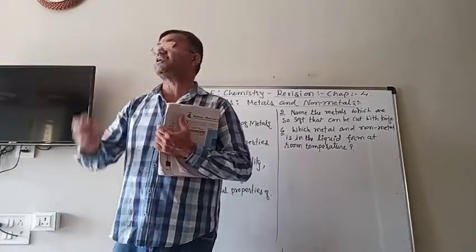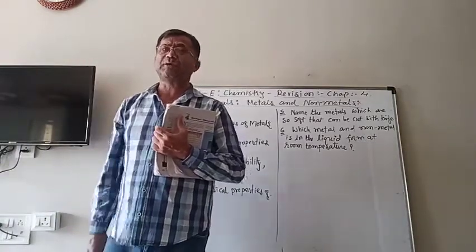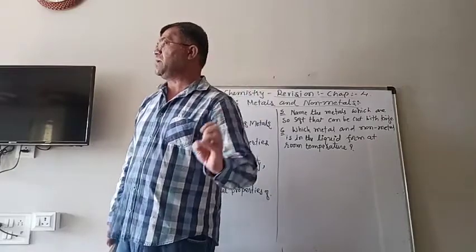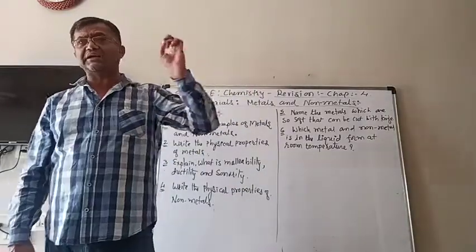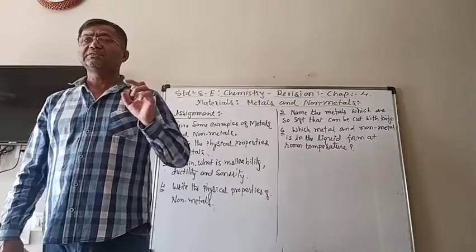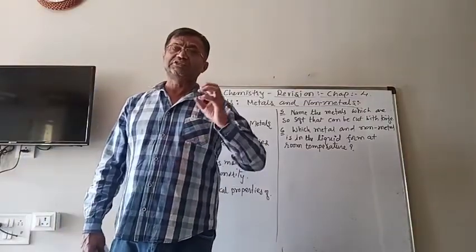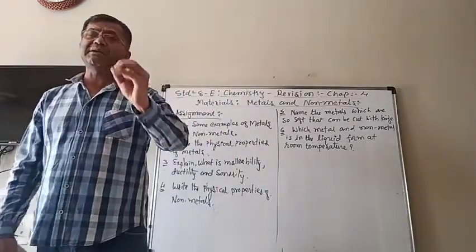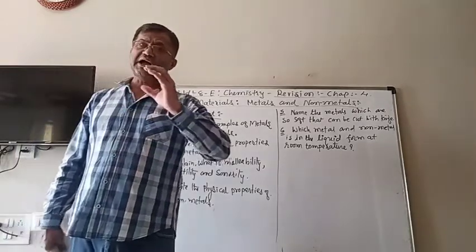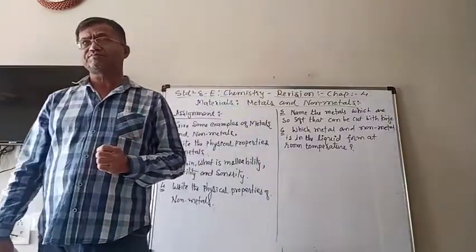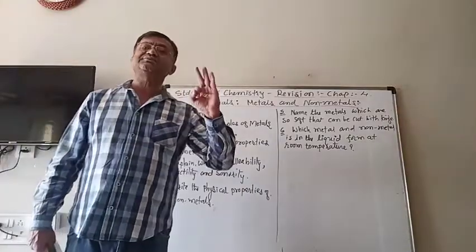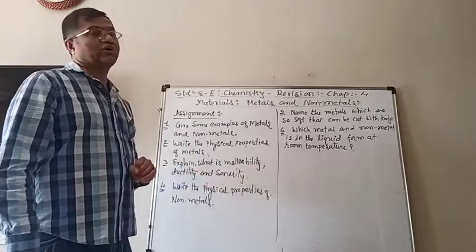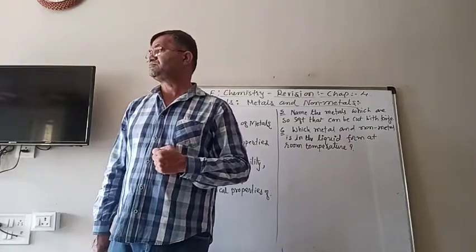All the metals are malleable, most of the metals are ductile, and they are sonorous also. These are the different physical properties of the metals, and I told you some exceptions also. Now these three terms, malleability, ductility and sonority, we will learn about in detail.